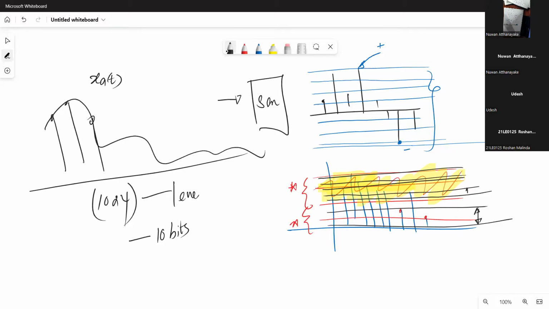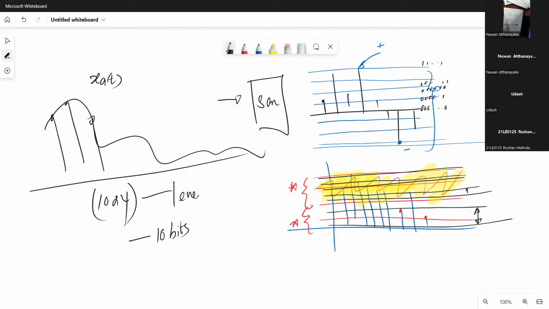Then we can have a coding where the first quantization level has 10 zeros, the next quantization level has 9 zeros and a 1, then 8 zeros, then 1 0, then 8 zeros, 1 1. Likewise, you can go up to 10 ones.